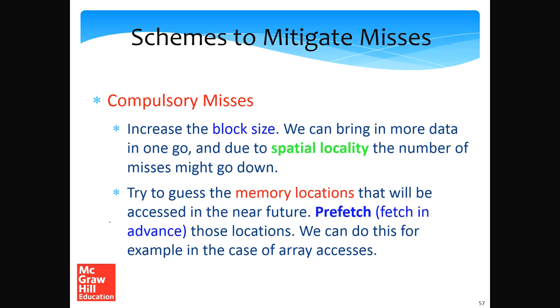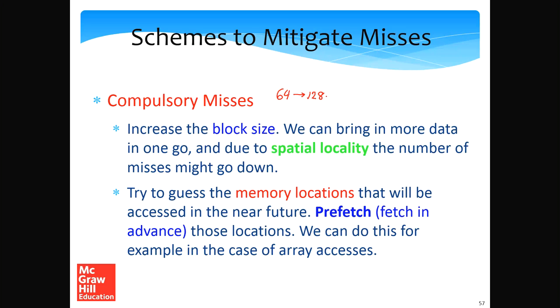So let us look at schemes to mitigate misses or to reduce the number of misses. Compulsory misses, so what is the idea? One way of reducing this is we can increase the block size. Let's say instead of a 64 byte block size, I make it a 128 byte block size.